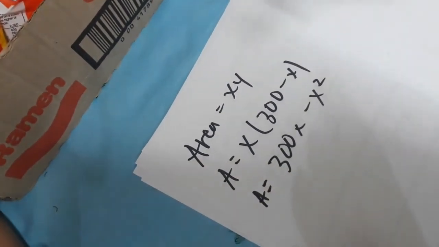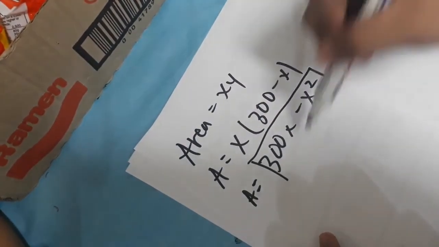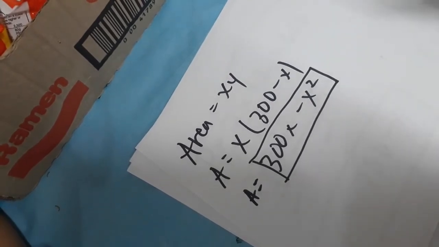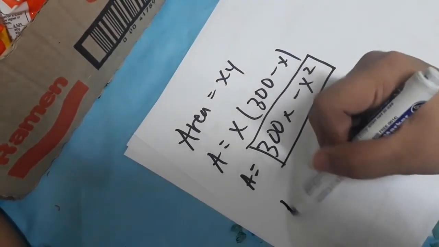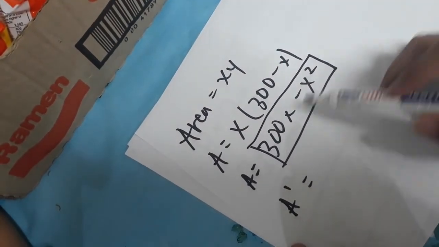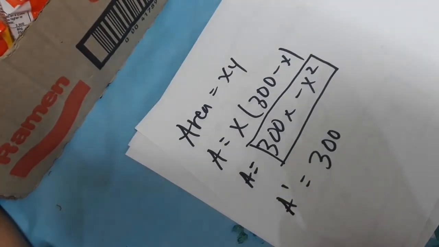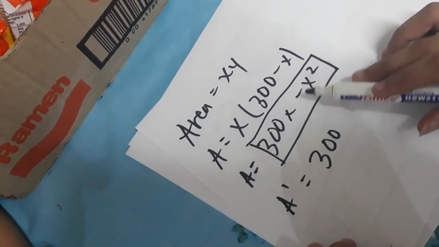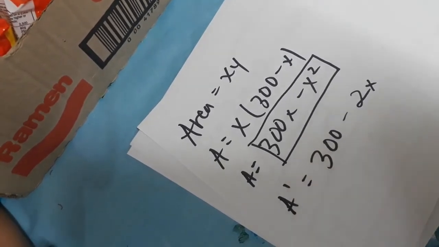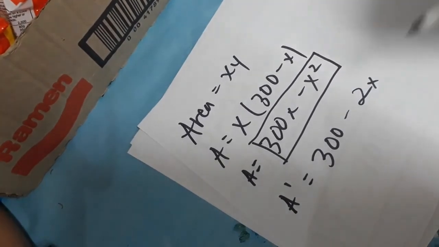So right now you have the function 300x minus x squared. So the next thing we will do is differentiate it. So we'll get its derivative. So A prime is equal to 300x will be 300, minus x squared, minus 2x. So this will be the derivative of the area.